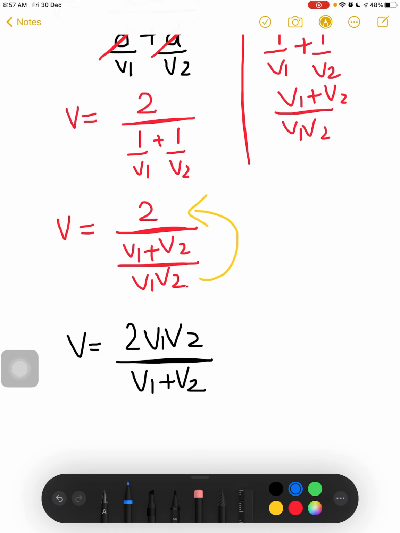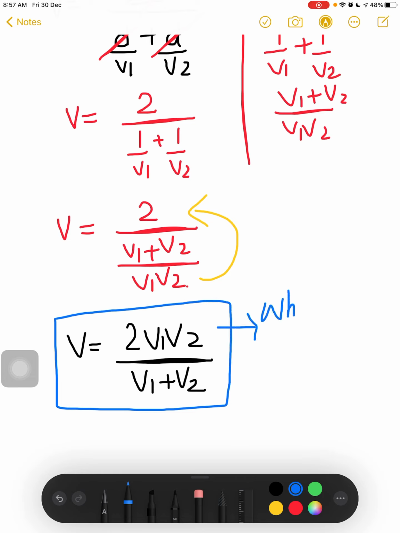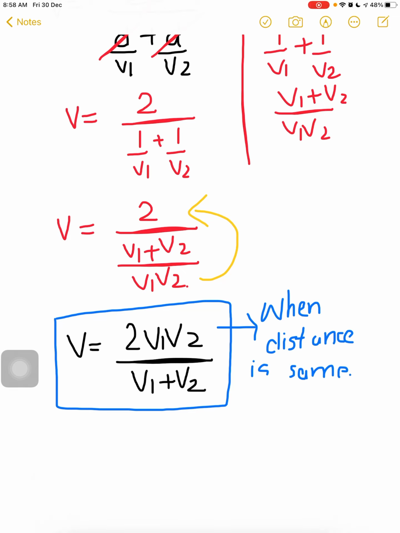So this is basically the formula of velocity when distance is same. I hope this is clear to you.